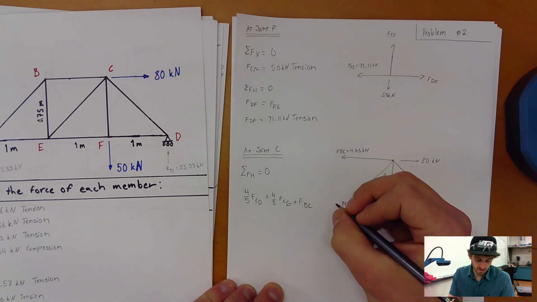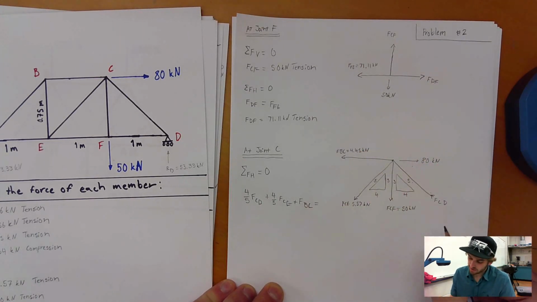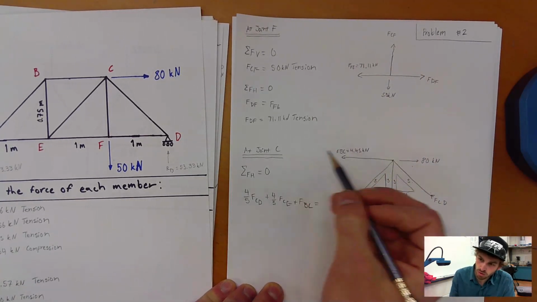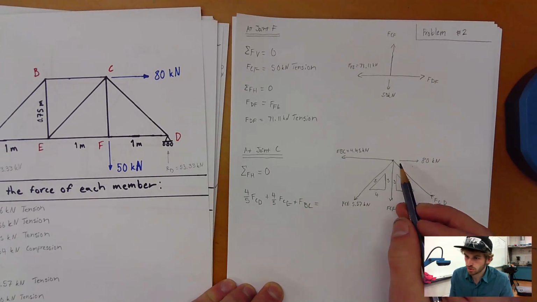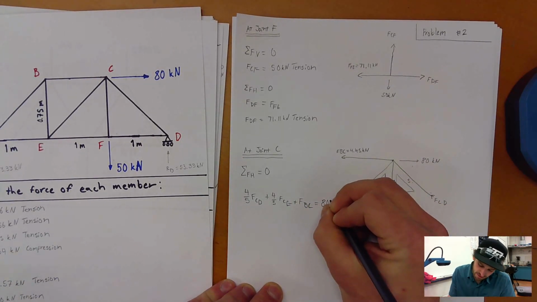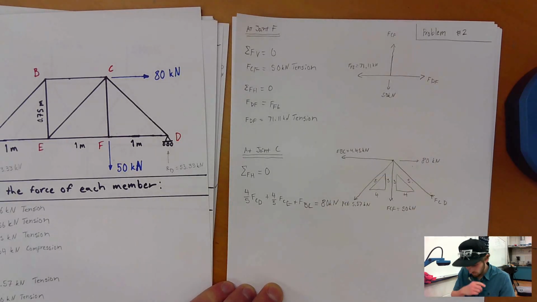That is going to need to equal, so we have the forces pushing this way, we have the forces pulling this way, must be equal to the force responding in this direction. That equals 80 kilonewtons.